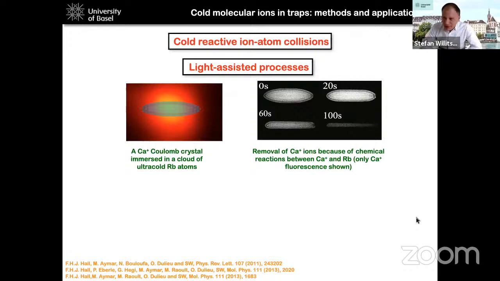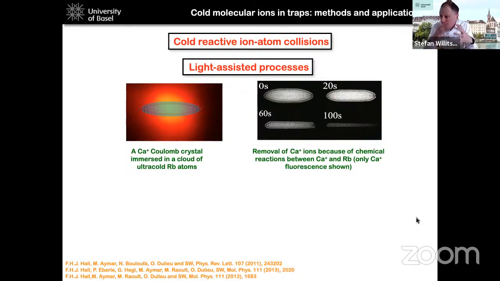It turned out that in this variety of different ion-atom hybrid systems that have been implemented over the last decade or so, maybe not to everyone's delight, in many of these systems a very rich chemistry happens. So we not only have elastic or inelastic collisions, but we really also have reactive collisions going on here. And moreover, what is very important is the role of light in these experiments.